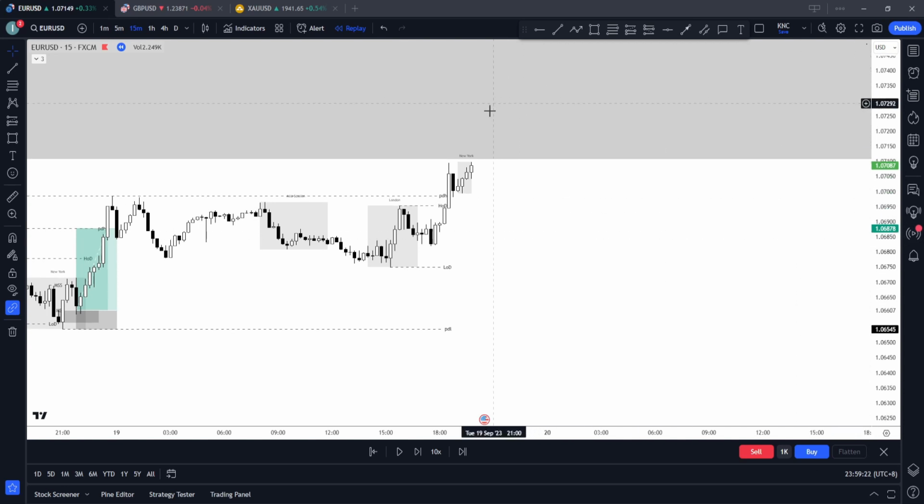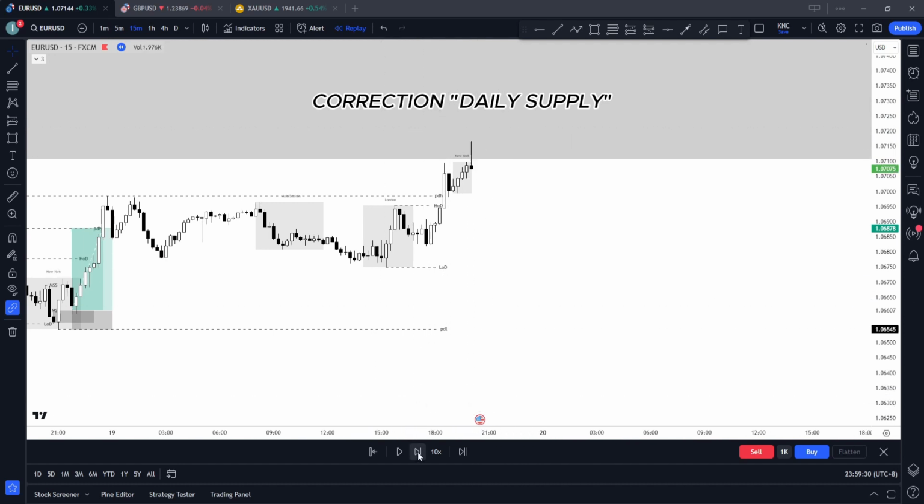We can see here also that it has our daily demand, so we'll wait to see if it will touch this daily demand above. We can see that it touched our daily demand. So we'll go to the 1 minute time frame to look for a sell setup.